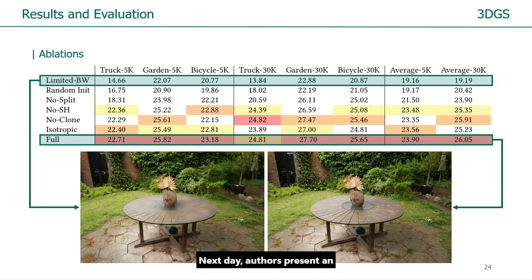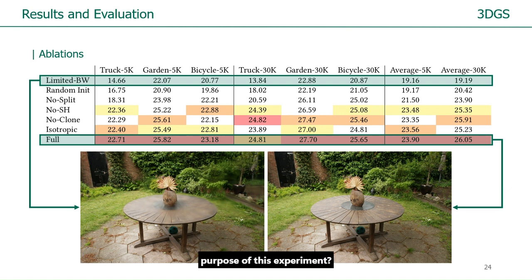Next, the authors present an ablation study related to the proposed rasterization method. In this experiment, the number of Gaussians updated through gradient during the backward pass was limited to only 10, and the results are shown in the limited BW row.